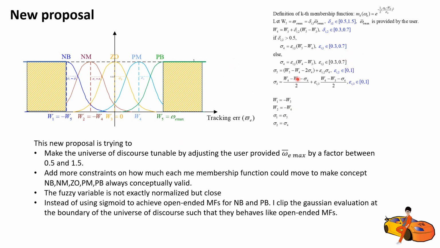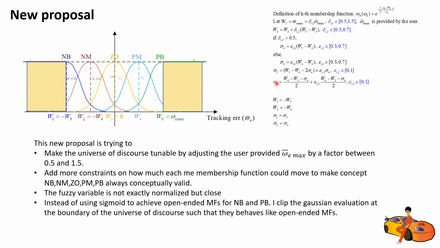When it is equal to 0, this PB could move farther to the right, but the farthest it can go is when the sigma 5 plus 2 times sigma 4 is equal to the distance here. So it's just more constraints.